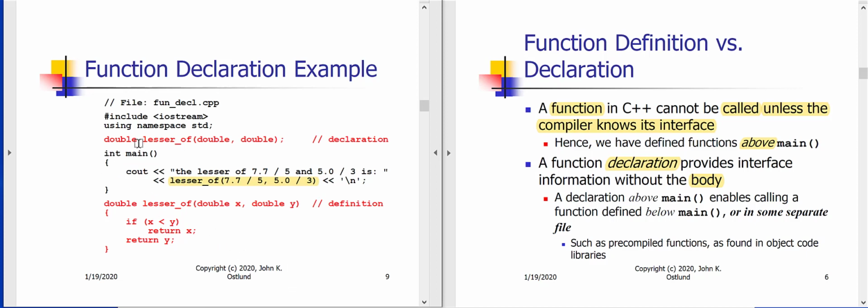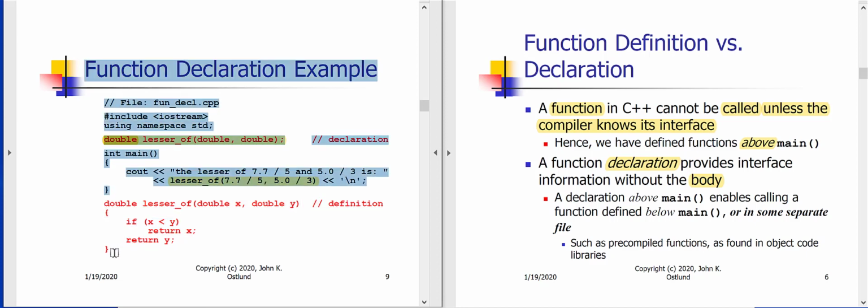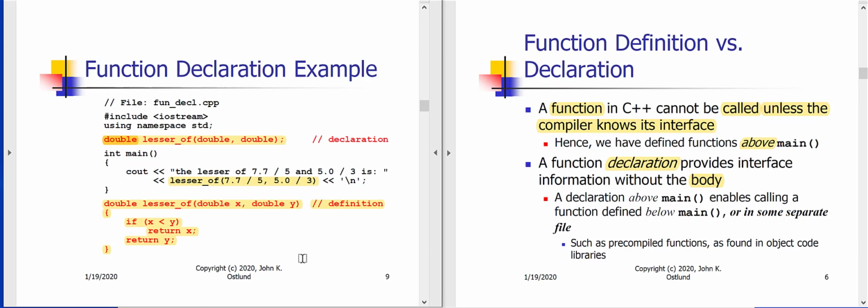But because of this declaration above main, the compiler has all the information it needs to understand how lesser of is intended to be interfaced with, how lesser of is intended to be called, and what lesser of will return. Down below main, therefore, I can put the body of the full definition of lesser of, including its body of code in curly braces, and the compiler is happy.